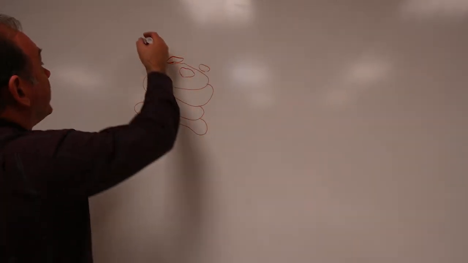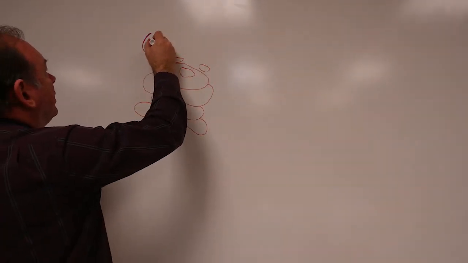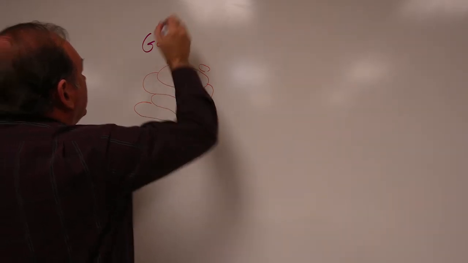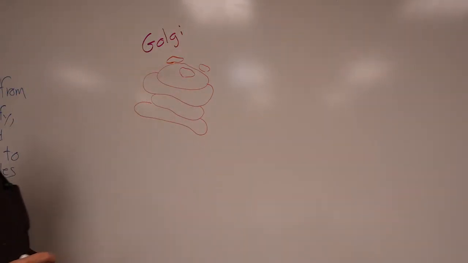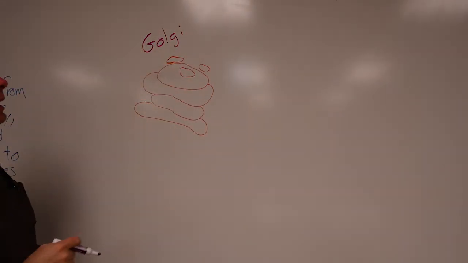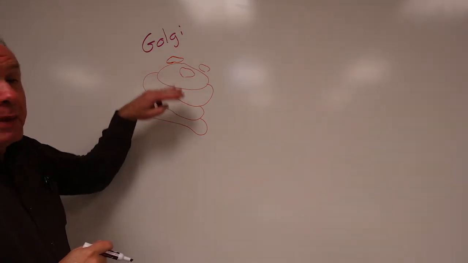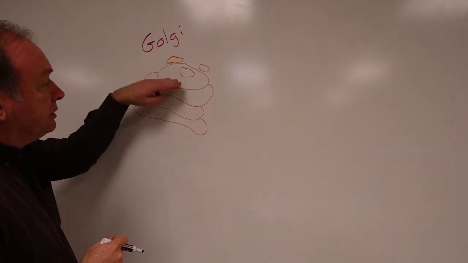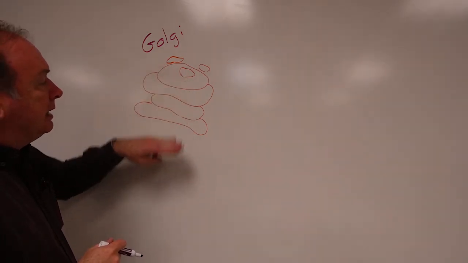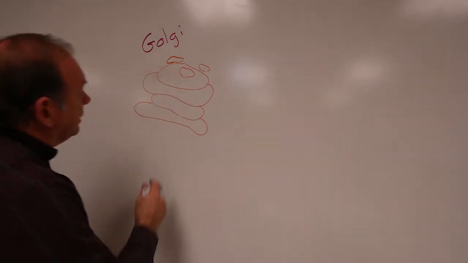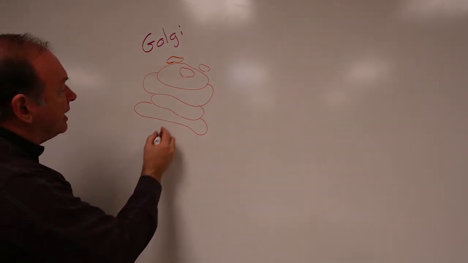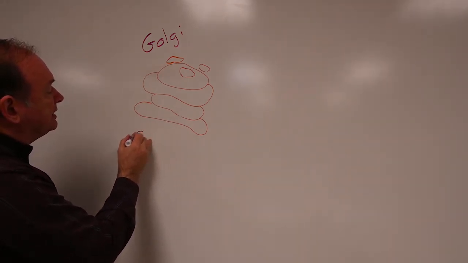Now for the Golgi apparatus, sometimes called the Golgi body, or just the Golgi. It's a stack of membrane-bound vesicles. Each of these is a flattened sac, one on top of the other. There's one side toward the nucleus down here, and this is referred to as the cis face.